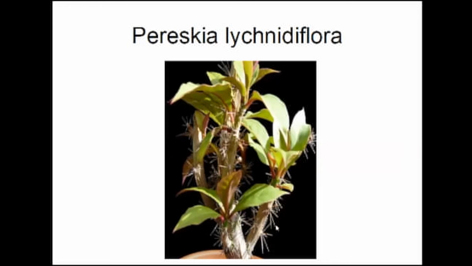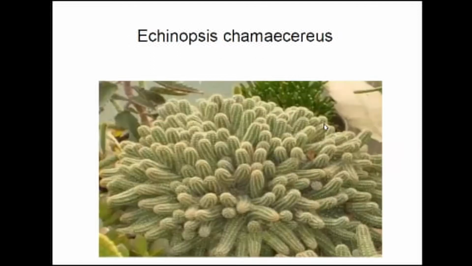It developed spines just like all cacti, but it still has leaves. And in the process of evolution, in the process of being adapted more and more to dry conditions, the leaves were lost. And here is a plant that looks exactly like the two plants that I showed you on the slides before, the Euphorbia and Stapelia.